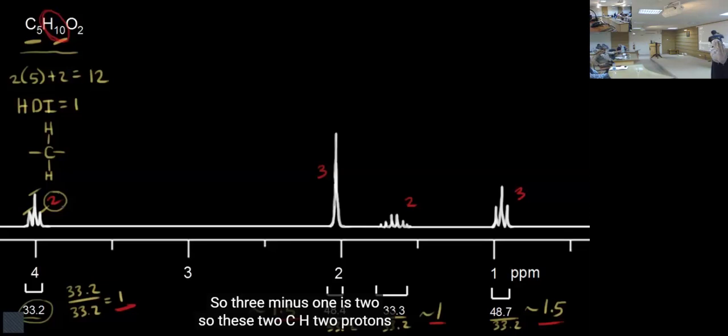Then we have three proton singlets. Three proton singlets can be CH3 next to a carbon, and we have one hydrogen deficiency, so it can be a carbonyl. And we have one more oxygen, then we can think of an ester.